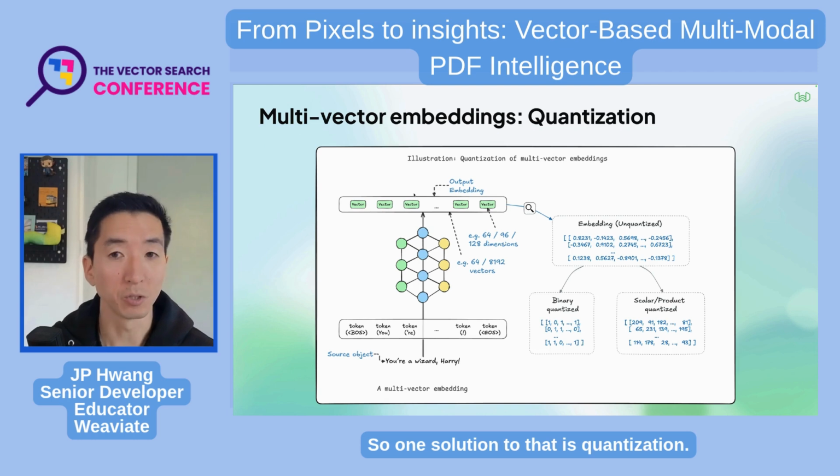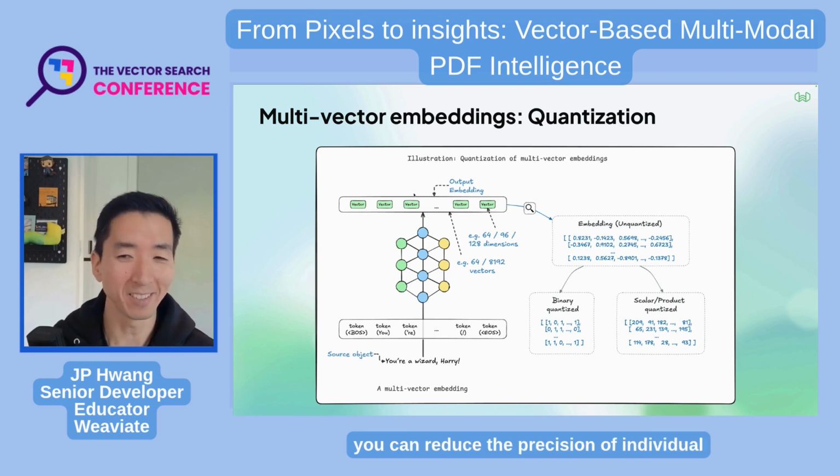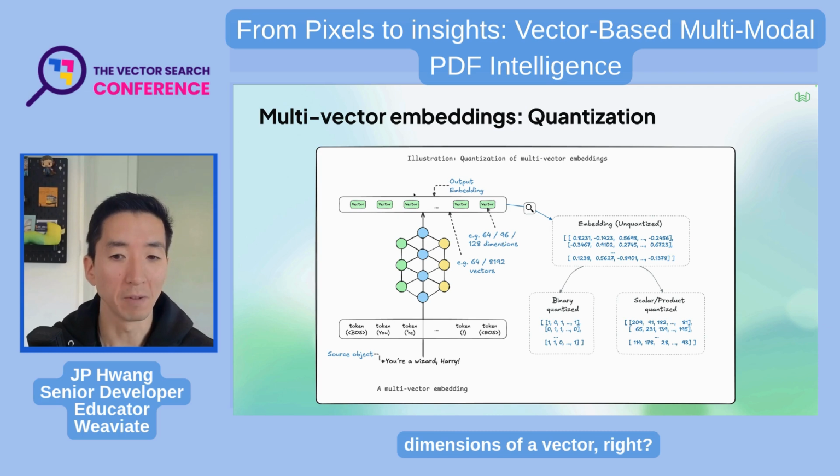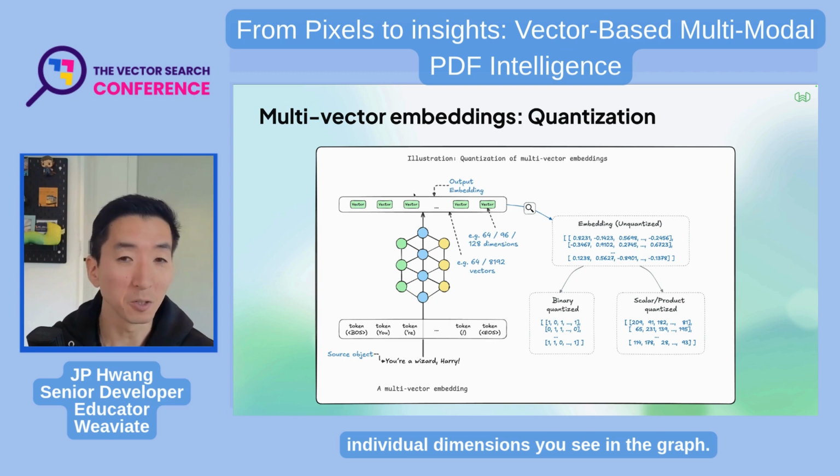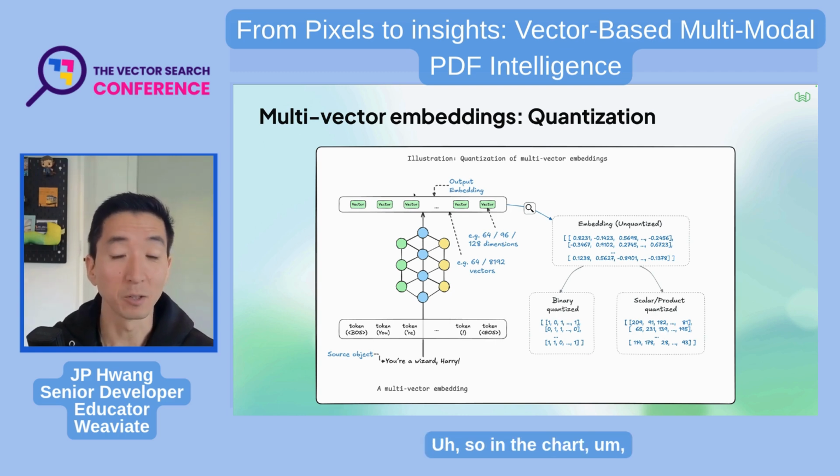So one solution to that is quantization. With quantization, you can reduce the precision of individual dimensions of a vector, right? So in this example of a multi-vector embedding, you can see that the individual numbers or the individual dimensions you see in the graph, in the chart, is reduced in precision.